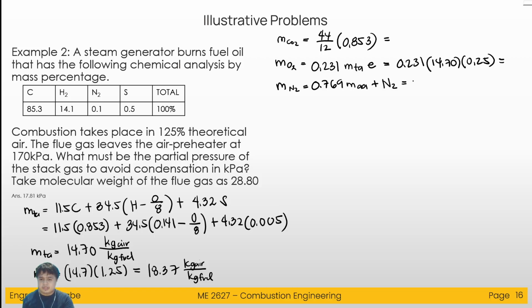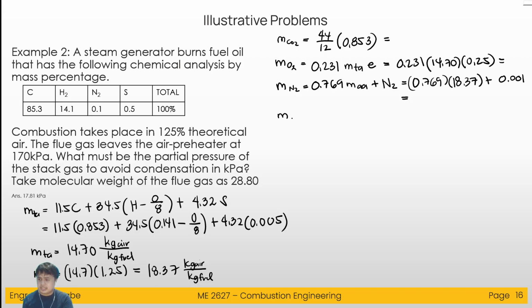So what you have here, the actual air is 18.37, and the nitrogen of the fuel is 0.1, so 0.001. This is in percent, so don't get confused, you have to divide this by 100. We can solve for that later.